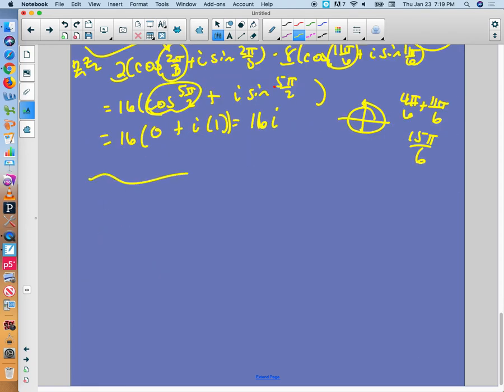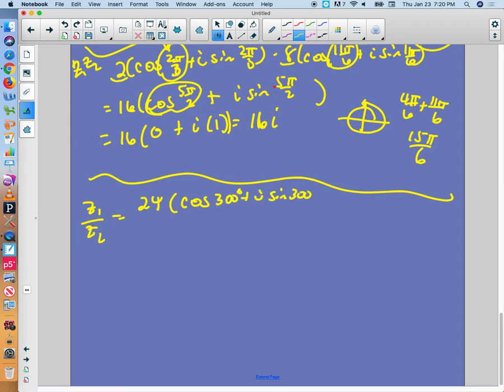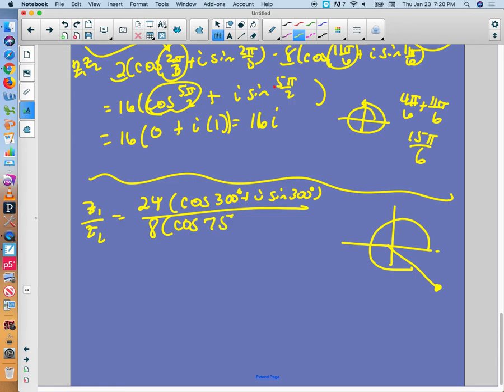All right, now we're going to do a quotient, z1 over z2. I'm doing 24 cosine 300 plus i sine 300, which by the way would take you here, 300 degrees, and you go out 24 units, divided by 8 cosine 75 degrees plus i sine 75 degrees.